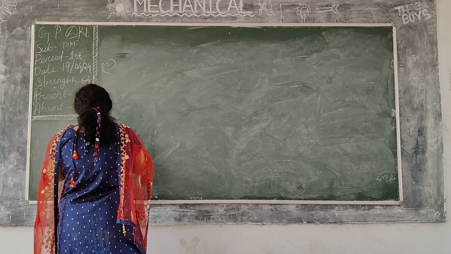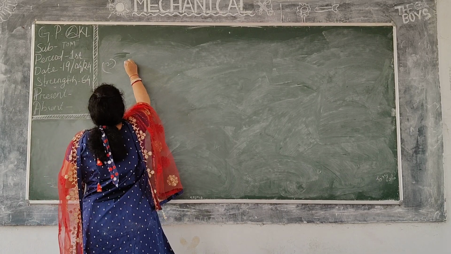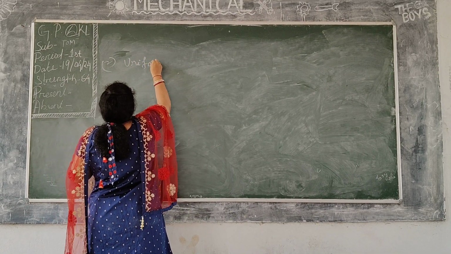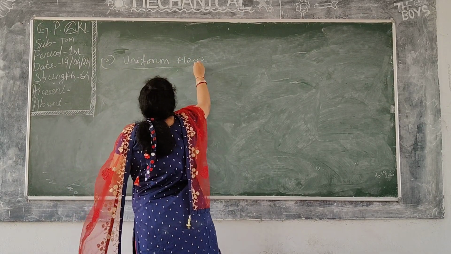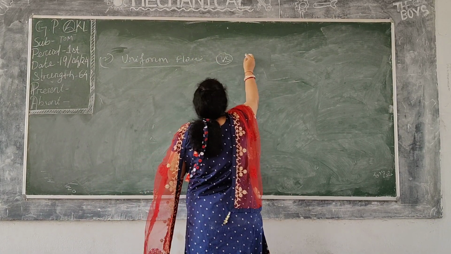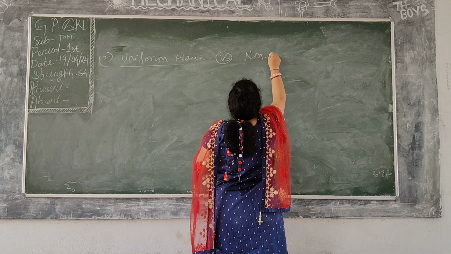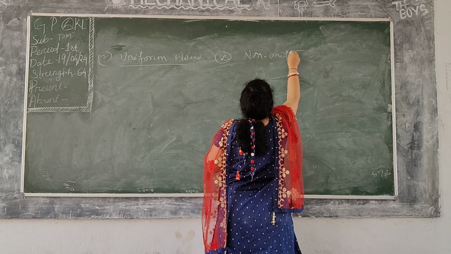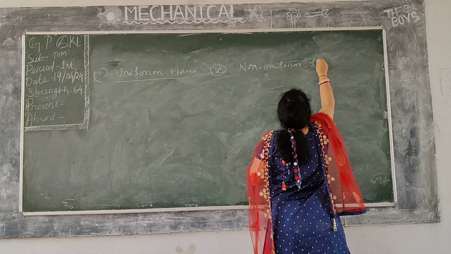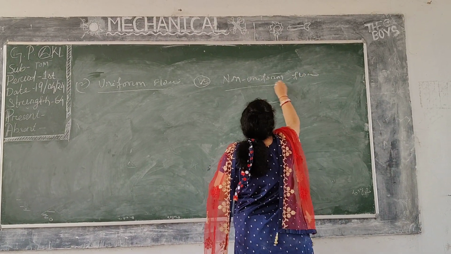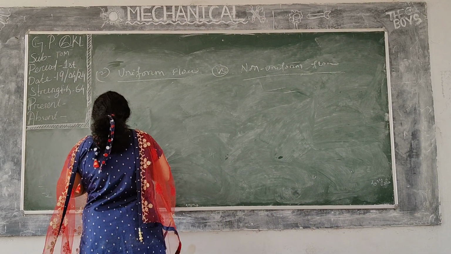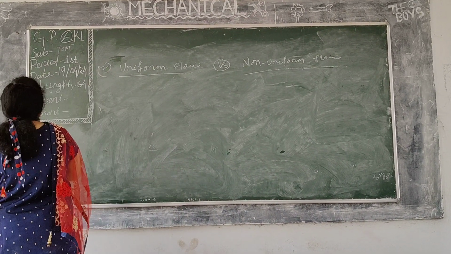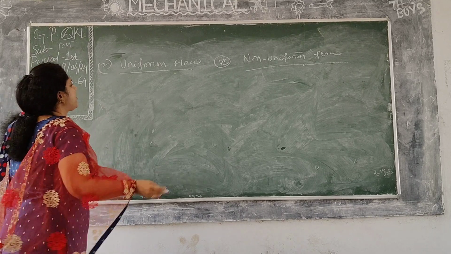The second type is uniform flow and another type opposite to it, non-uniform flow. One is uniform flow, another is non-uniform flow. So what do you mean by this?